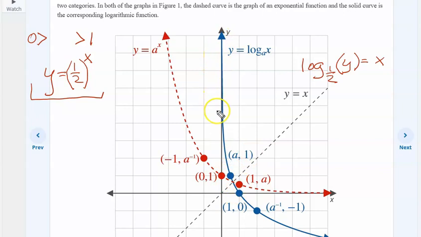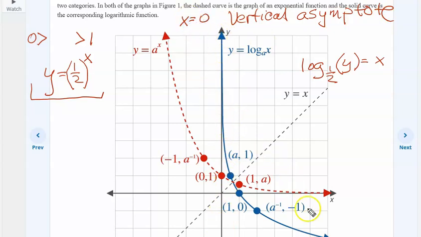And here we now have what is called a vertical asymptote, which is your y-axis. Again, the formula of the y-axis is x equals 0, and the horizontal asymptote is y equals 0.